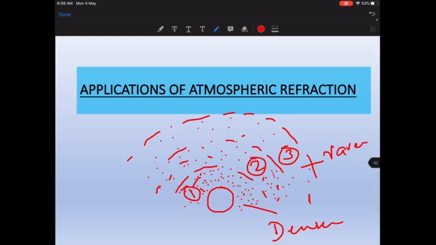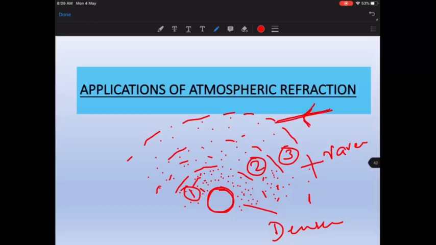So now understand that if the light ray travels from a rarer to a denser medium, just remember, what did we study? Whenever a light ray travels from a rarer to a denser medium, what will happen? The light is going to bend towards the normal. So here also, suppose there is a light coming like this.